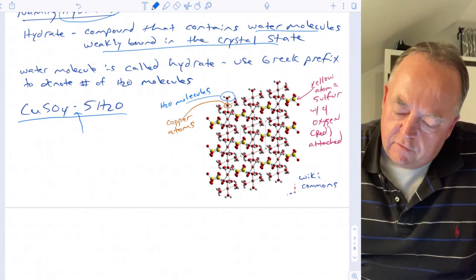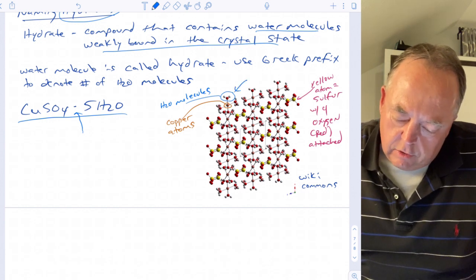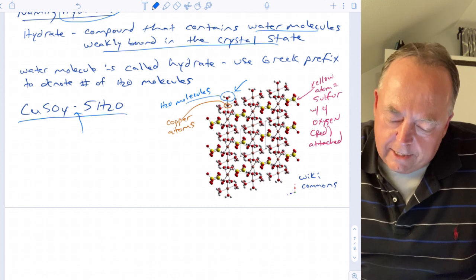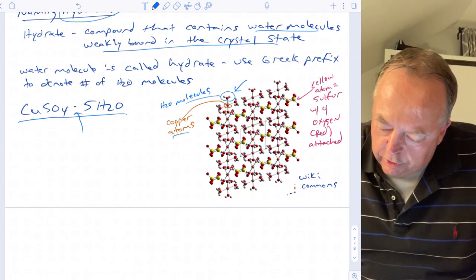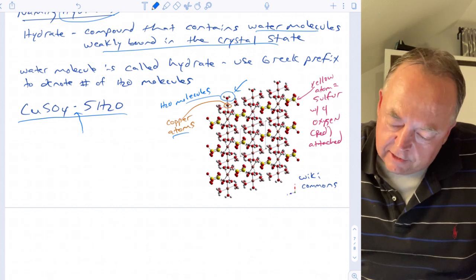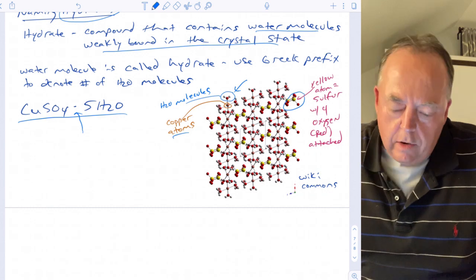So this is the structure of it. You can see here there's a water molecule, H2O. The oxygen's red, the hydrogens are white, and then there's a copper atom. And then you can see the sulfates, SO4s, in the molecule. Sulfur's yellow, and then the oxygens are red.